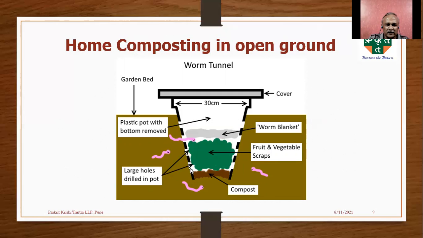Keep on putting in different piles: the green fruit, vegetable scraps, etc., then some quantity of worms or compost for inoculation of worms and microbes, and then the brown, etc., in different layers, and keep checking the moisture level and the temperature level.